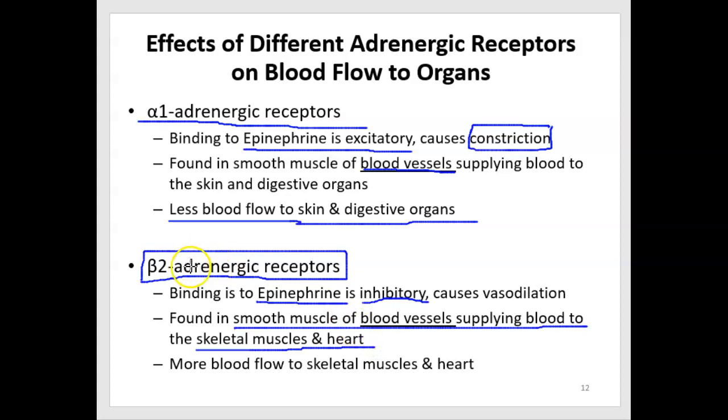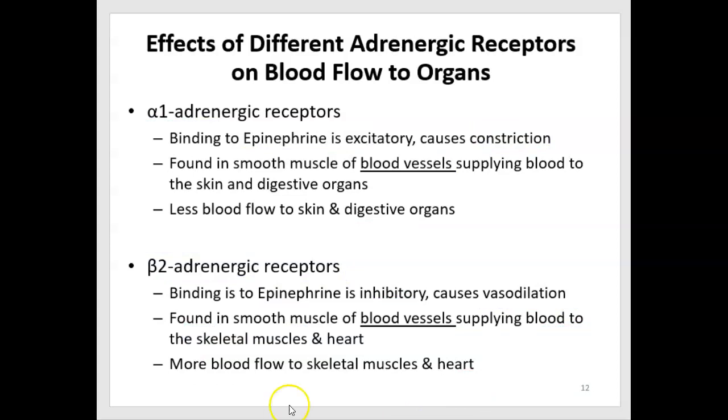Better take the skeletal muscles. In blood vessels that supply skeletal muscle, if epinephrine binds to that receptor, then you would have inhibition of the muscle and you would get vasodilation. Once you have vasodilation, more blood flow is going to go to the skeletal muscles and the heart.